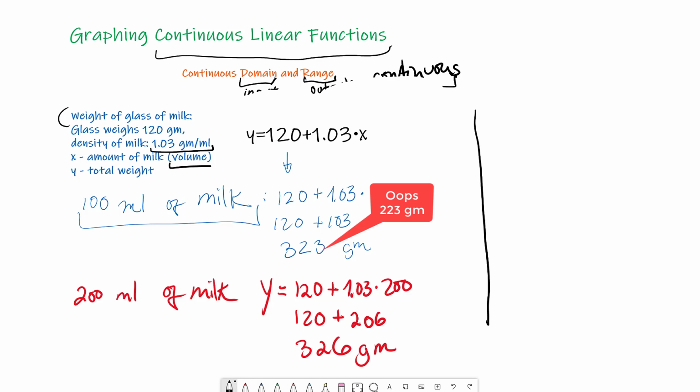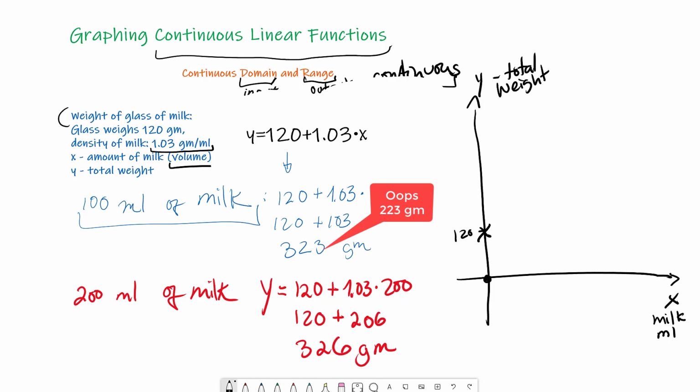Okay, so let's go ahead and draw this, graph it. Now, similar to the discrete example we did in the previous video, we don't have to go to the negatives. We're not going to add a negative amount of milk, right? So if X here is milk in milliliters, and y is total weight, let's start at 0 milk. So if we've included 0 milk at the origin here, what we get is 120, right? Say this is 120. So our first point is here. We only have the weight of the glass contributing to the overall weight.